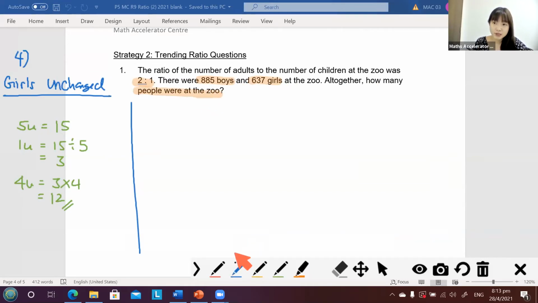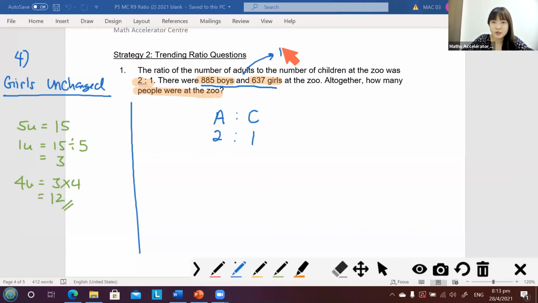Okay, first step, go and write down the ratio. So this would be adults to children, 2 to 1. So there were 885 boys and 637 girls, but we only have this ratio here. Okay, so what's the repeated identity in this case?